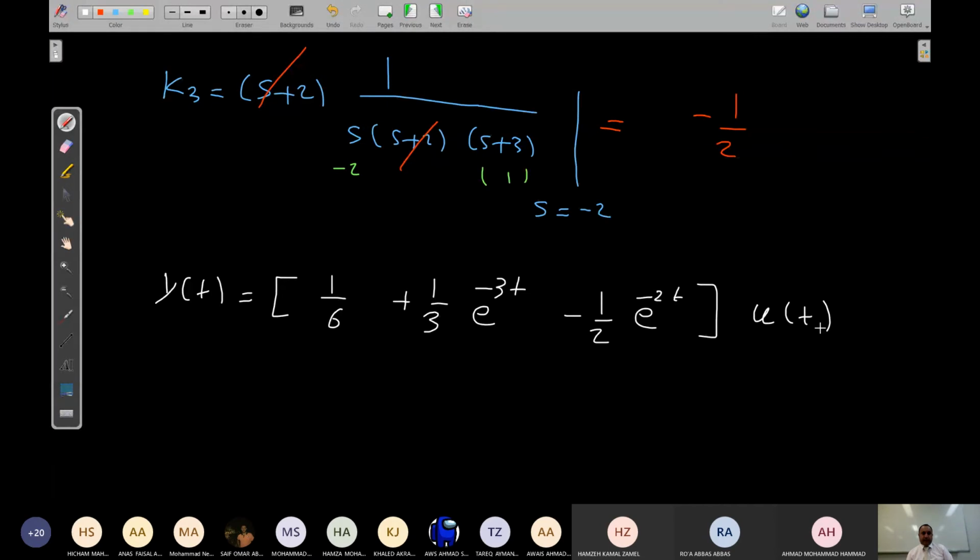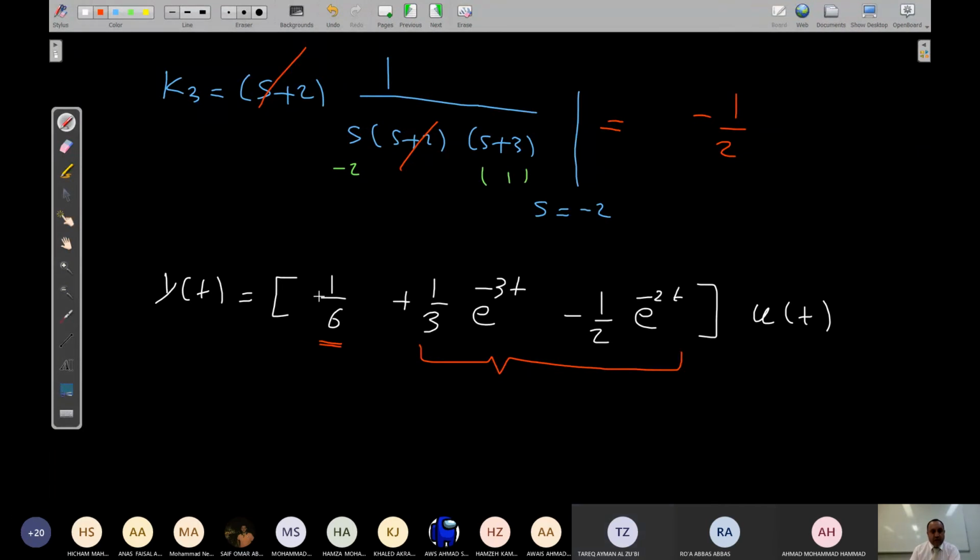Now, see, this is actually the steady state response, and this is actually the transient response, correct? Why do we call this one the steady state response?